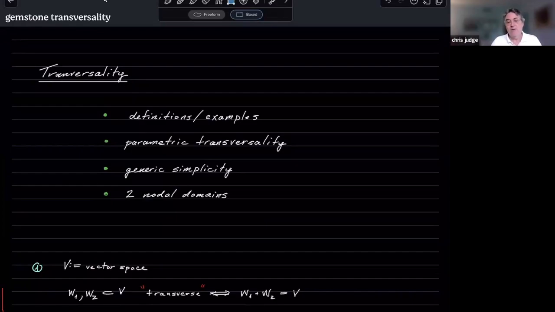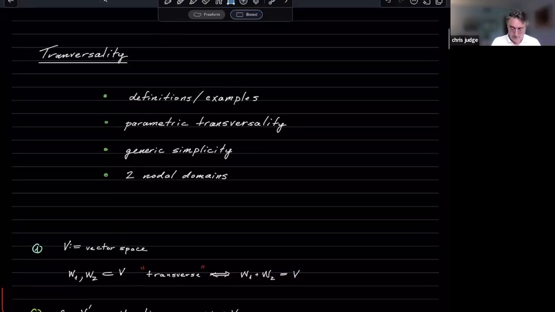Strictly speaking, the definition includes the possibility that W1 and W2 are both, for example, V, in which case their sum is V. So this doesn't have to be a direct sum. It's just a sum. So it's a little bit more general than you might expect. But that's the definition that people agreed on.